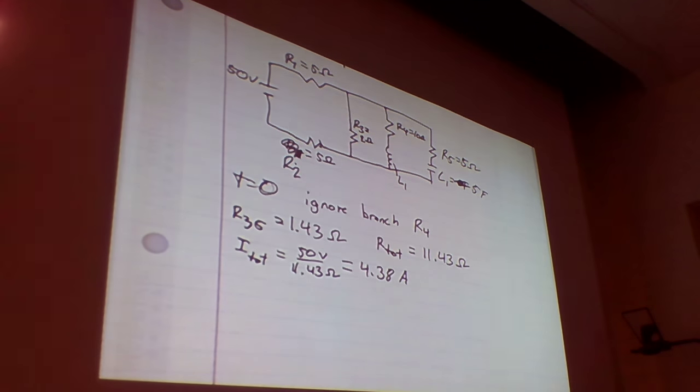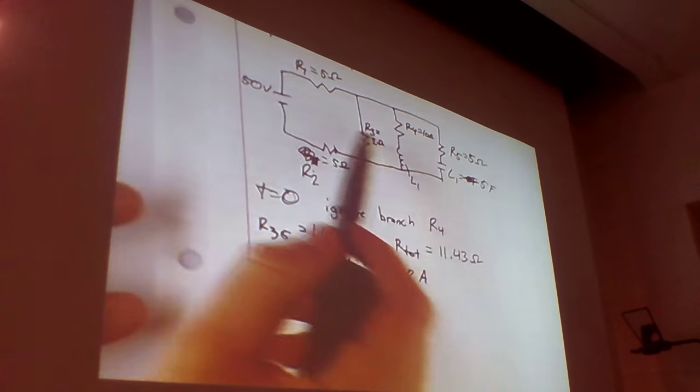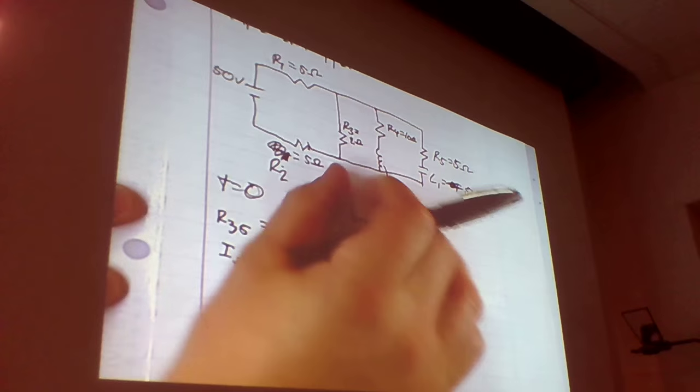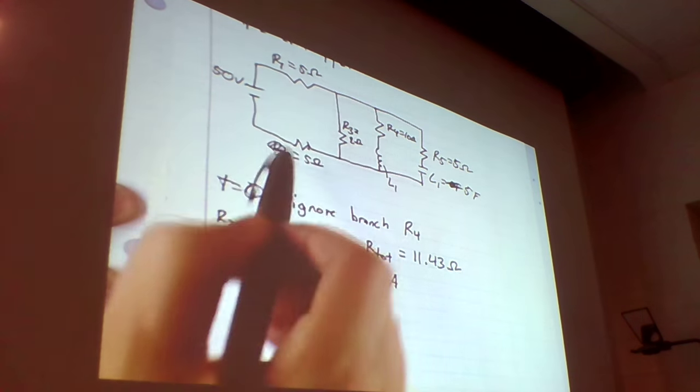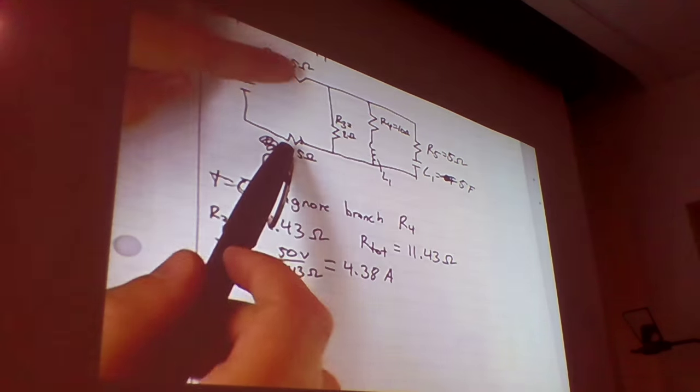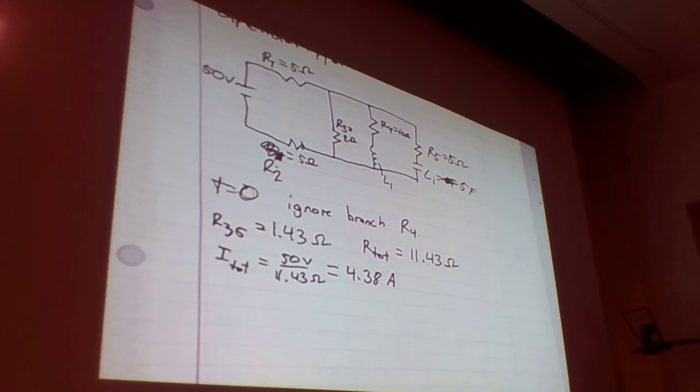These three are all in parallel, and then their equivalent resistance will always be in series with these two. These are not in parallel, I promise you. Okay, so that's the current at t equals 0.